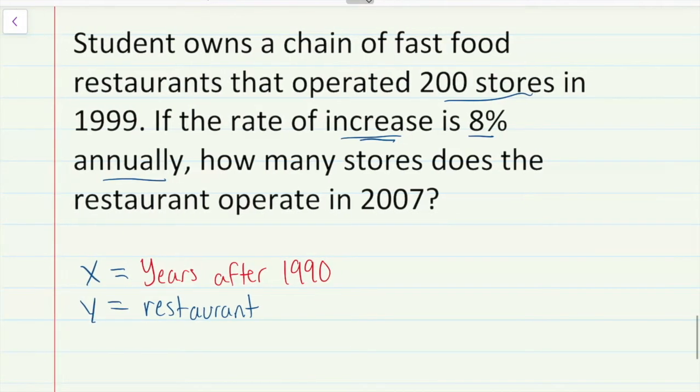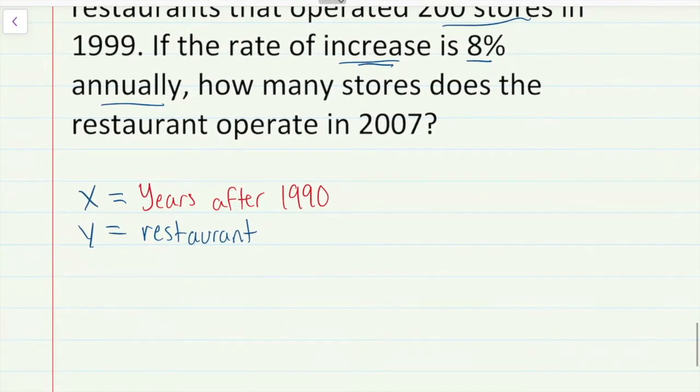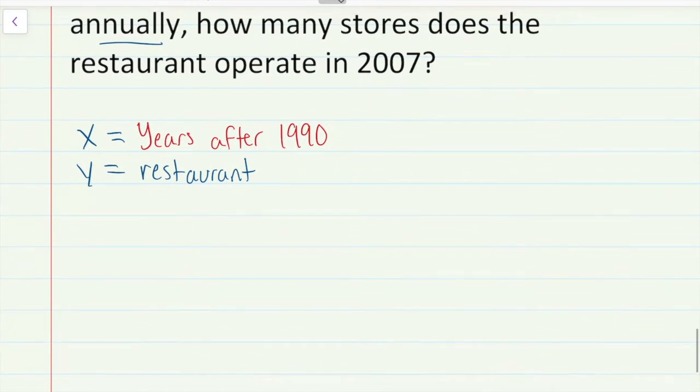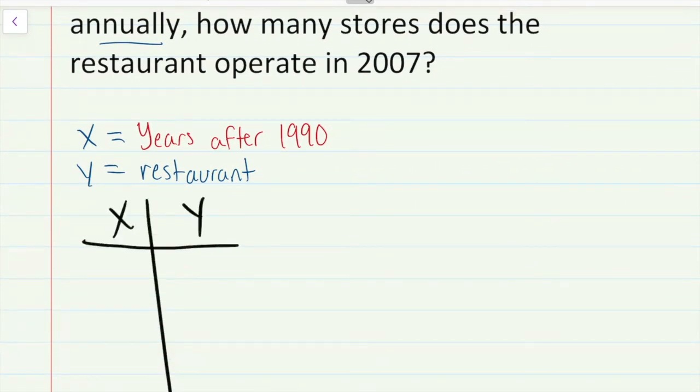Well, let's set up a table. If we were to set up a table here, guys, let's go ahead and put a fun little table here, X and Y. If we were to say at year zero, well, what year is year zero? If no time has passed, well, isn't that 1999? And actually, let's set these up. After 1 year passes, isn't that 2000?